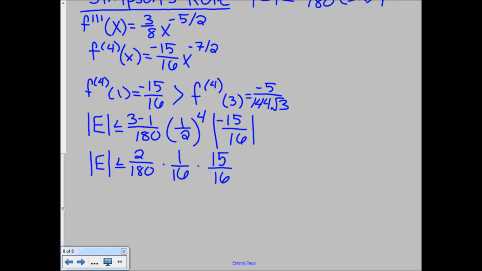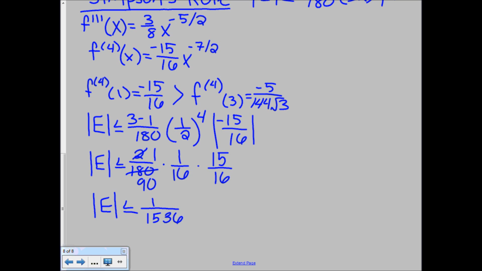Simplifying, we can cancel the 2 with the 180 and get 1 over 90, and then cancel between the 90 and the 15. When we finally simplify, the error is less than or equal to 1 over 1536. So 1 over 1536 is a much smaller number than 1 over 96.